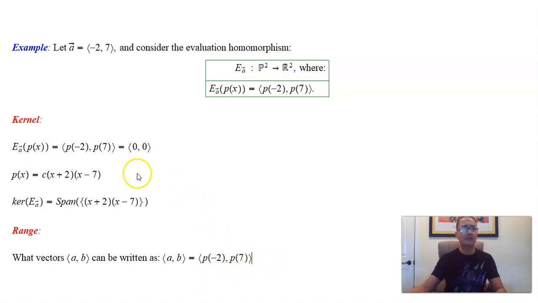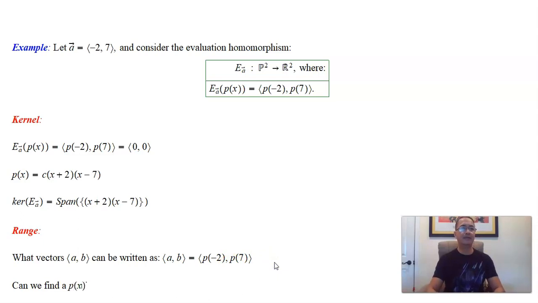It's kind of like this equation, except now we don't have 0, 0, we have AB. We are looking for the AB this time. We're trying to solve for A and B. Are there only special values for A and B that will put this in the range, or does anything go?